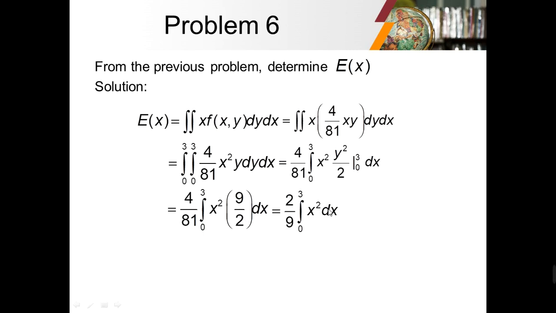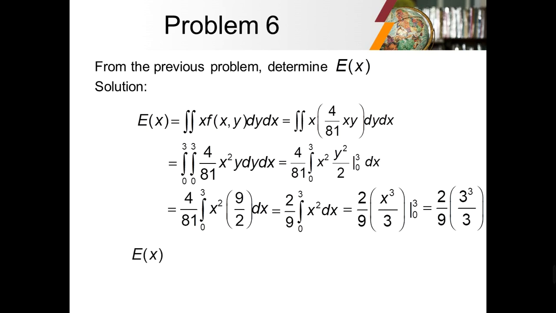Tapos, integral ng x squared dx. So, pag in-integrate naman natin tong x squared dx, this is x cubed over 3. Okay? Then, the limits is from 0 to 3. Again, the lower limit is 0. So, walang ima-minus, 3 lang tayo. Substitute doon. So, that will be 3 cubed over 3 times 2/9. So, the mean value of x, pakikalculate nyo lang po yan.